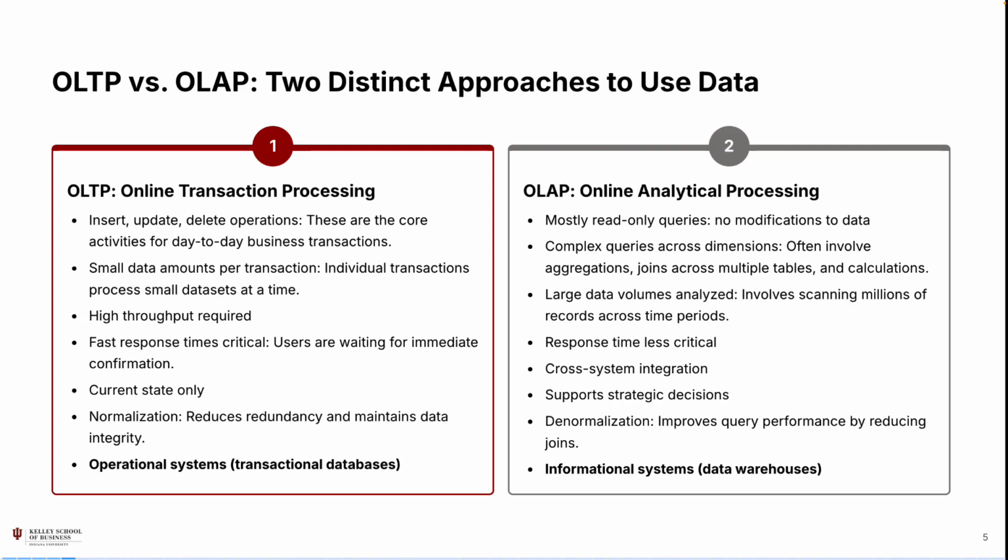So think of OLTP as a busy emergency room, handling each patient quickly, and OLAP as medical research, examining thousands of patient records over years to find patterns. Both of them are critical, but require fundamentally different database designs.